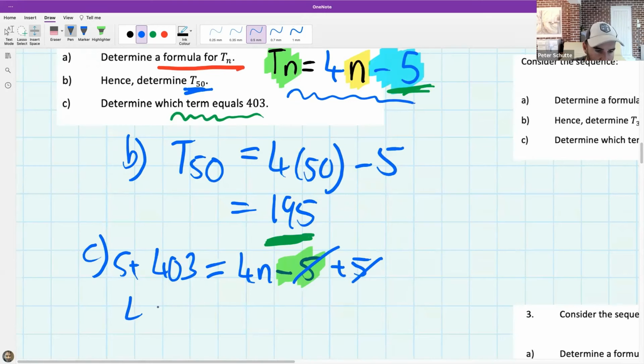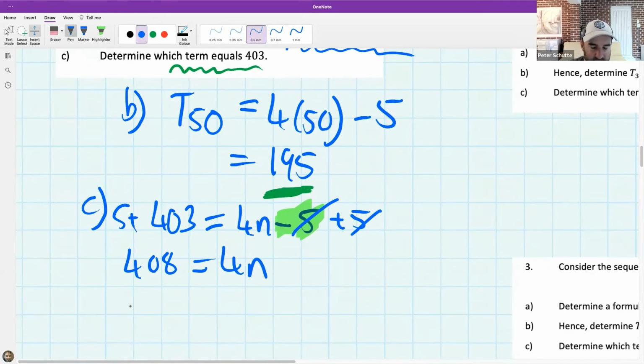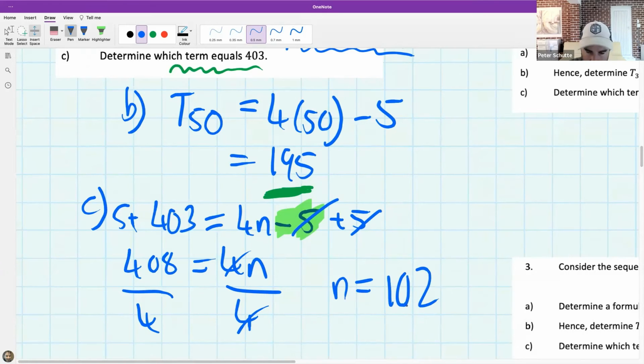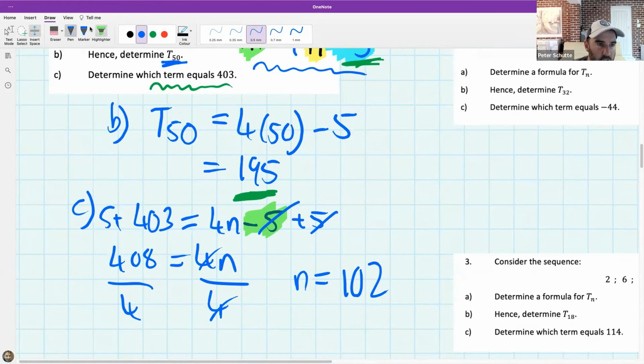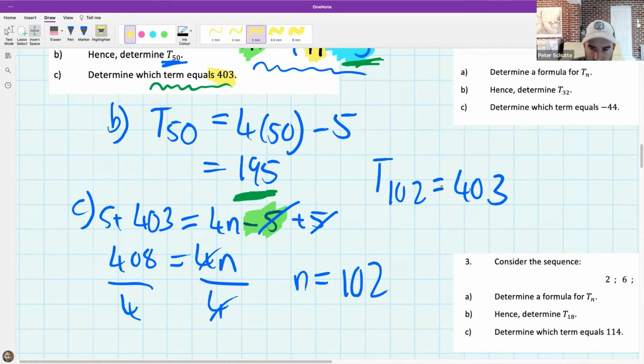These get knocked out and I get 408 equals 4n. Then if I divide both sides by 4, I get that n is equal to 102. What that means is that the term 403 is the 102nd term in the list. And so that's what it actually means.